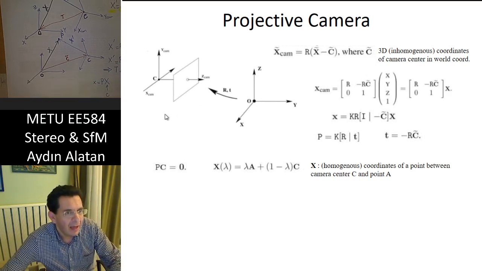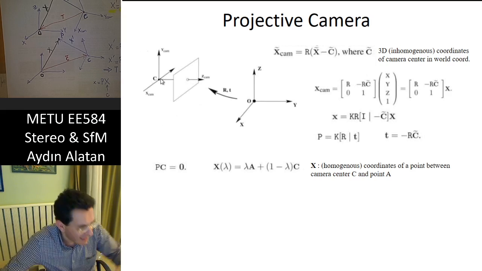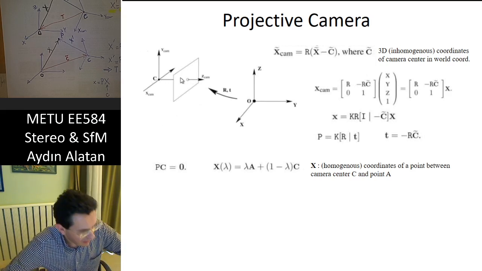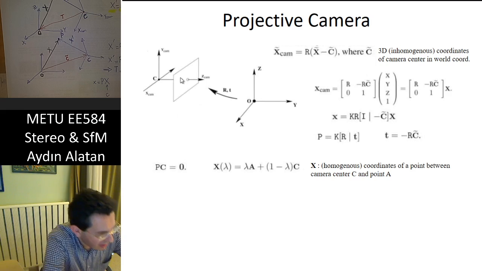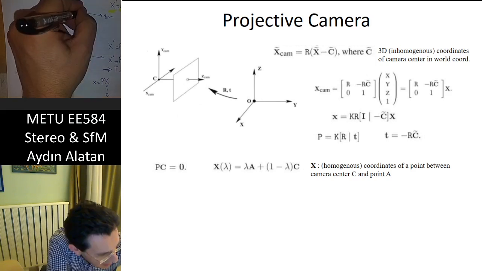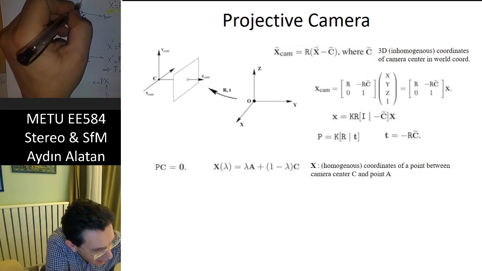in my image ray starting from C? Therefore, I'm talking about a ray starting from here. I have an image plane like this.